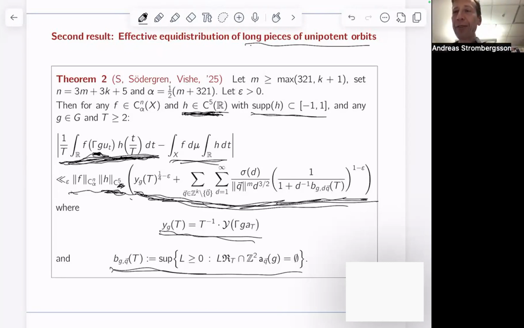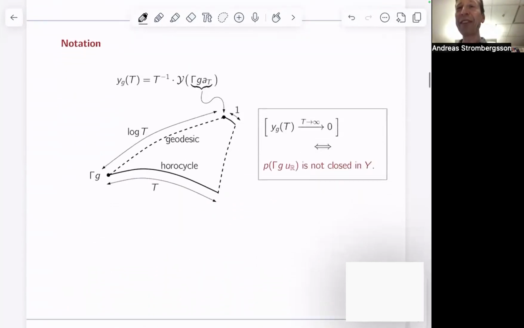Okay, so I want to explain the notation a bit. So I have to explain this Y_{G,T} and then this B_{G,Q,T} that appears inside here. But let me turn to the notation.